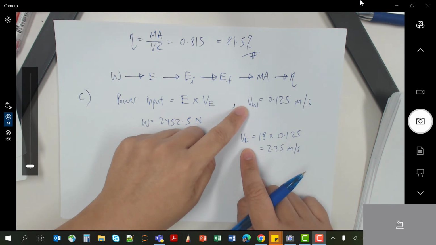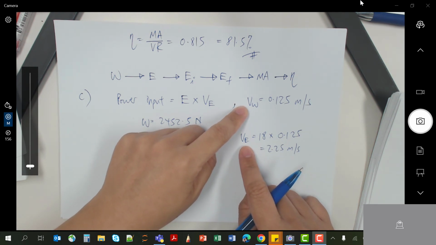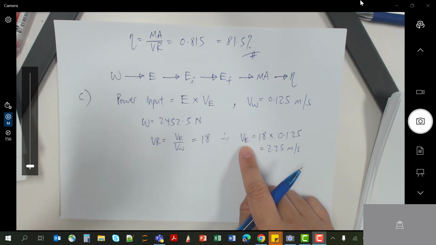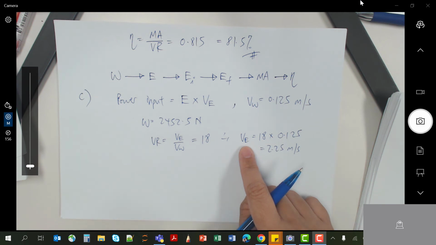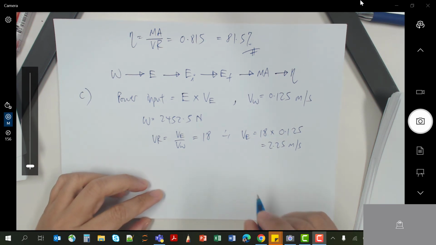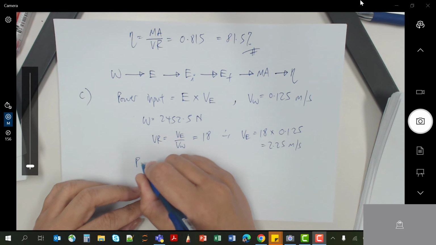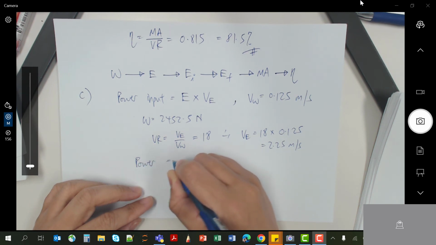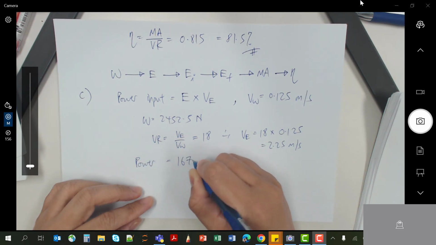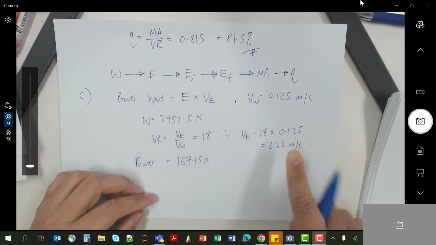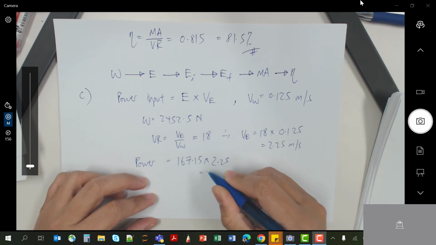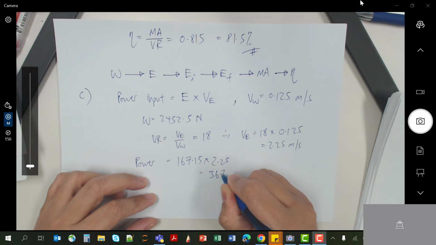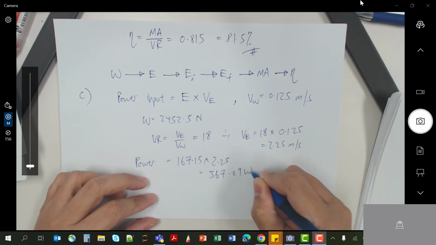Okay, if you have done your experiment, you should know when you do the crab winch, you need to move very fast, but the load climbs up much slower. Okay, so the power input is your effort 167.15 times this velocity. Okay, 2.25, 367.09 watts.